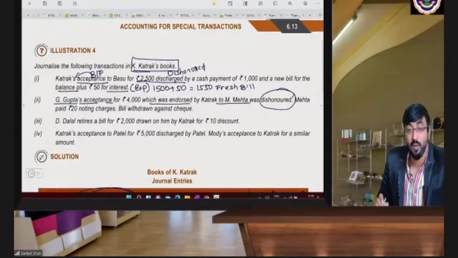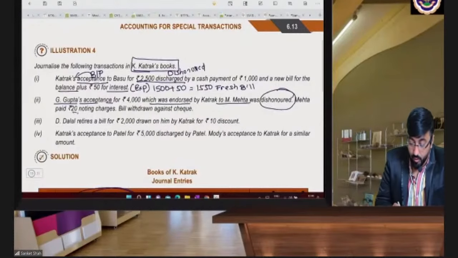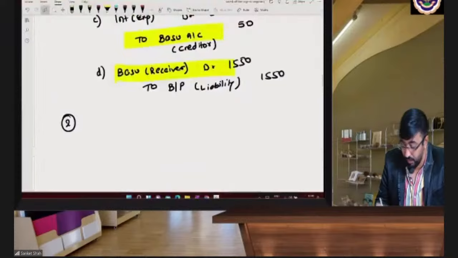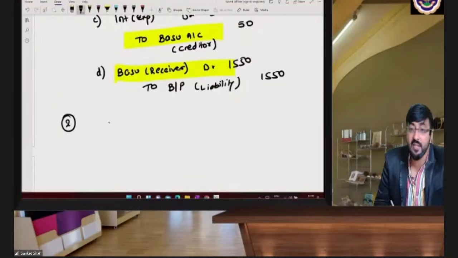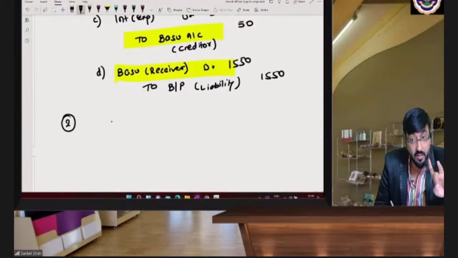So beta, it is dishonored. So for Katrak it is bills receivable. Now we endorse it. Gupta's acceptance means for us it is bills receivable, and this is endorsed bill dishonor. Mehta paid 20 noting charges. It's very simple. So beta, endorsed bills dishonor. This is situation number 3. Drawee account debit to creditors. You already know this entry.